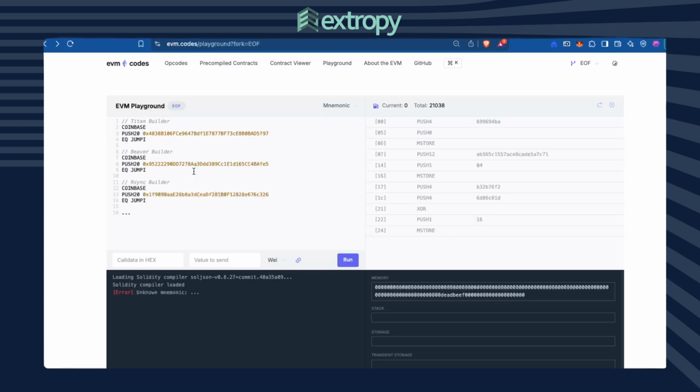So if you imagine that he's got a transaction into the mempool. Obviously, we know the bytecode that's associated with that transaction, but these front-running bots don't know what this transaction is about. They don't know what the bytecode is trying to do.